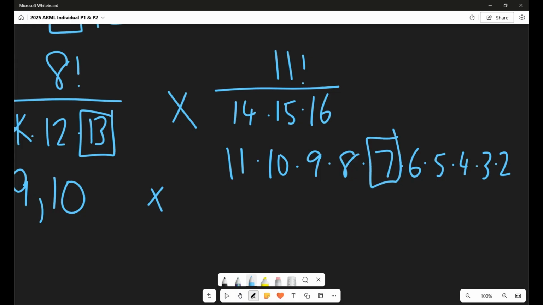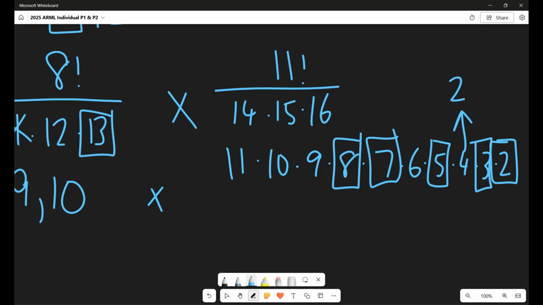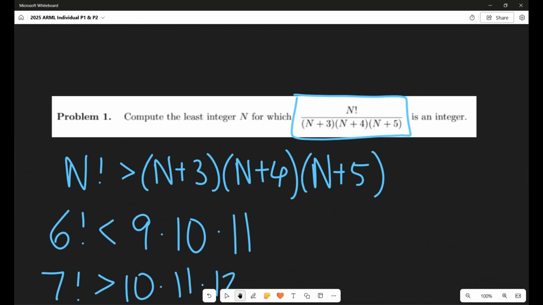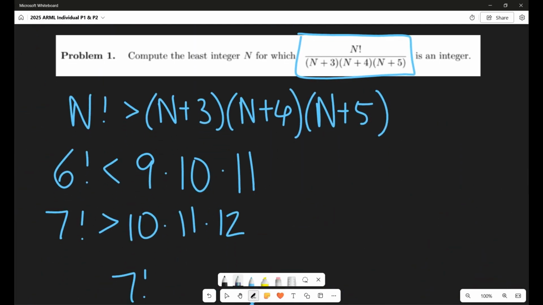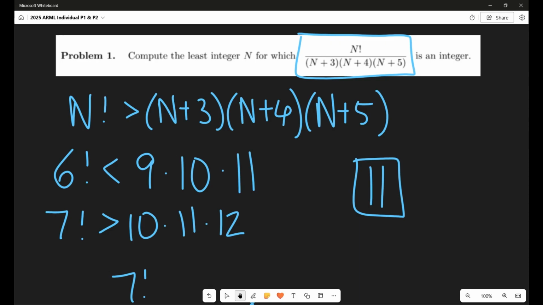We get a 14 from here, we get 15 from here, and we can get 16 from the 8 here and one of the 2's from the 4. So for that reason, when n is 11, this is an integer. Our final answer is 11. On to the next problem.